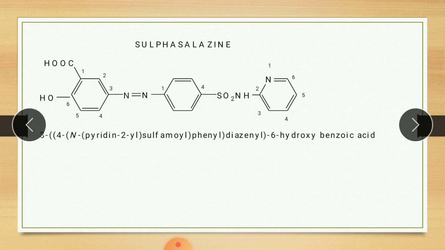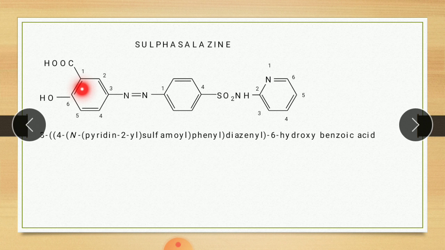So first you give the numbering from left to right. So 3, 4, N, pyridine. Then on the second position pyridine is attached, 2-yl. Then this group is sulfamoyl. This ring is phenyl. Diazenyl. Di means 2, aza means nitrogen. So diazenyl. Then here on the 6th position a hydroxyl group, 6-hydroxy.